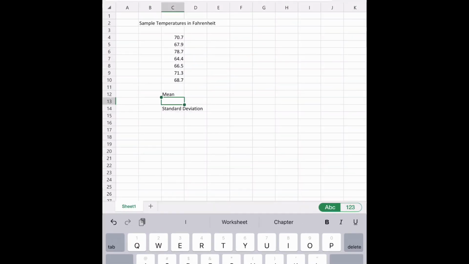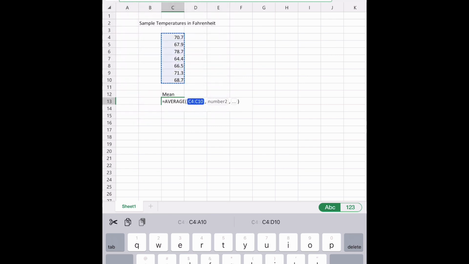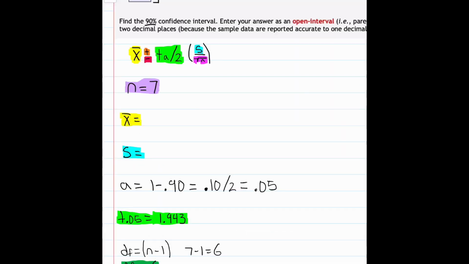And now to find our average and our standard deviation, the best way to do that is just put the numbers into Excel, put equals average, highlight your numbers, and then for the standard deviation, we will do the same thing.